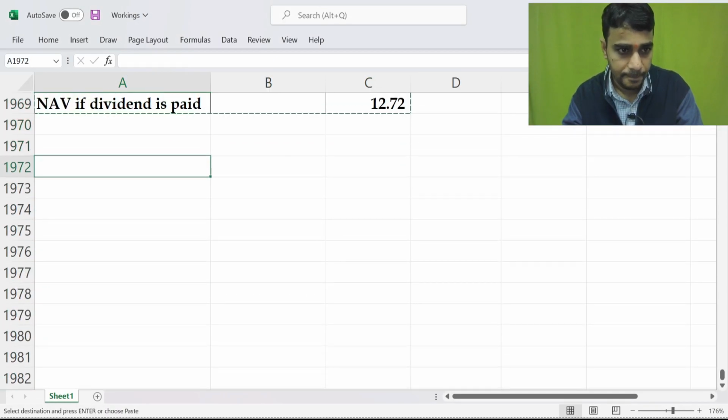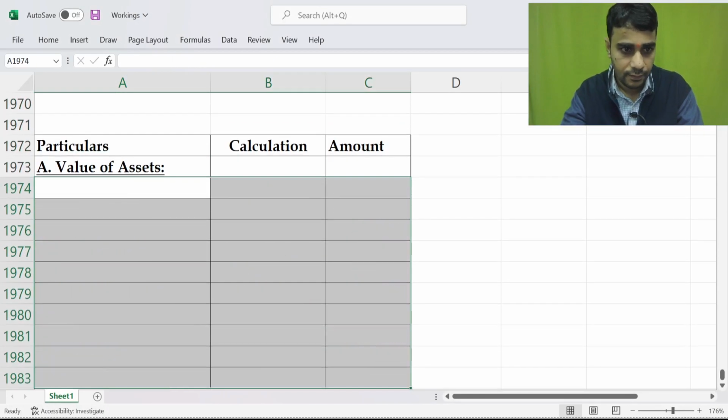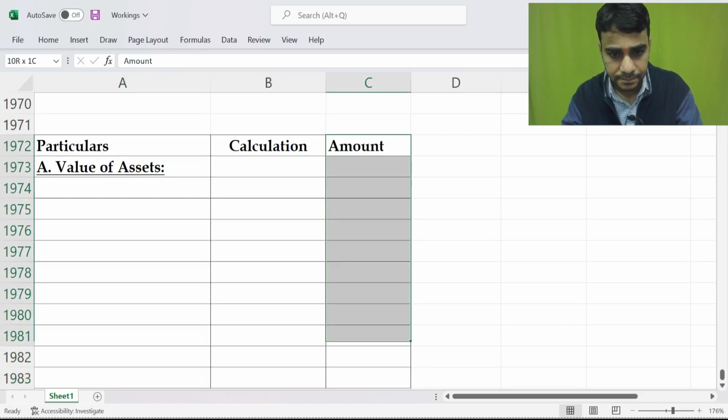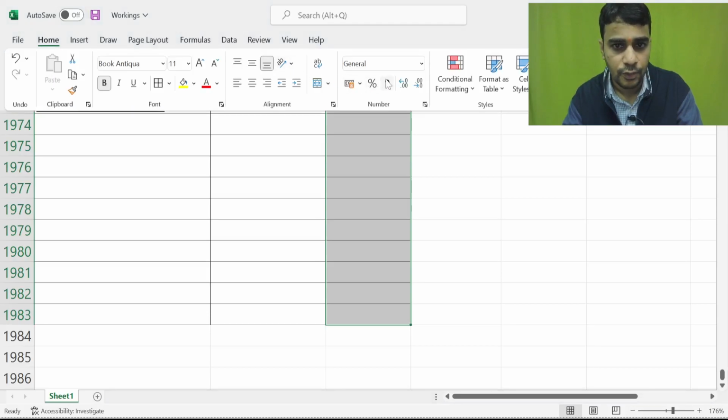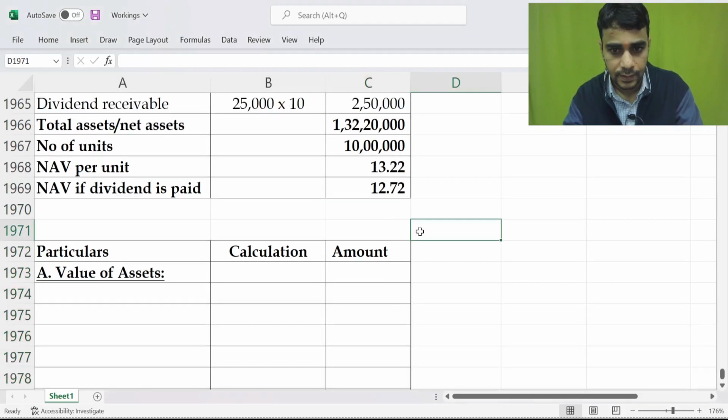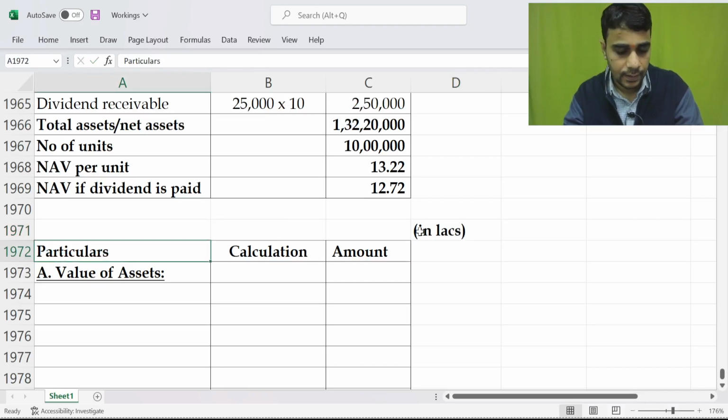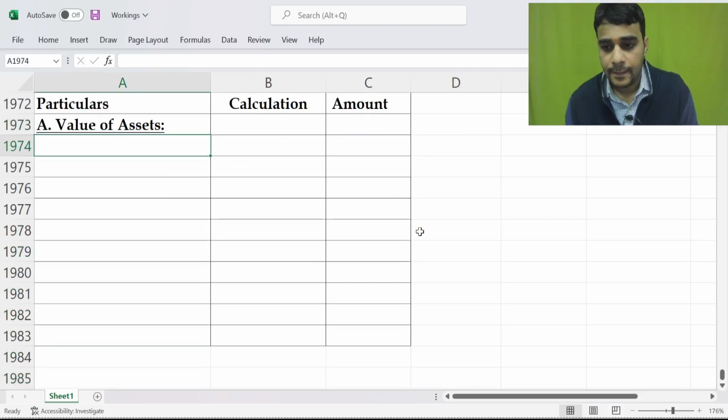Computation of NAV. First is assets. Particulars, calculation, amount. We'll do it in lakhs. Value of assets.